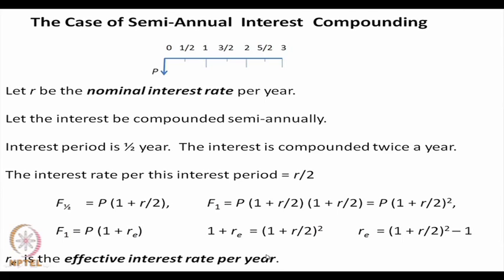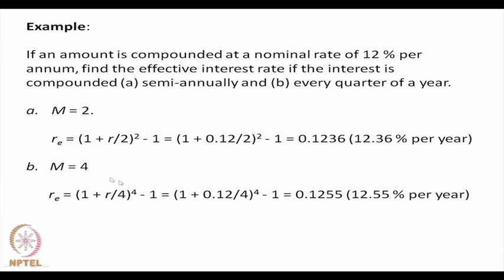Compare this formula with this: RE is equal to 1 plus R by 2 whole square minus 1, and when the number of times the interest is compounded is capital M, then this 2 will be replaced by M and the exponent will also be replaced by M. So, this becomes 1 plus R by M to the power M minus 1. So, suppose that it is semi-annual compounding, M is equal to 2, R is defined as 12%.